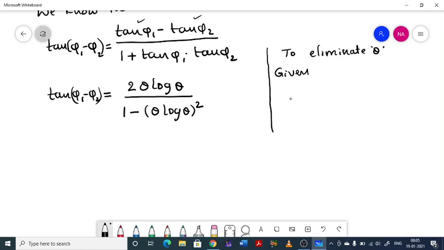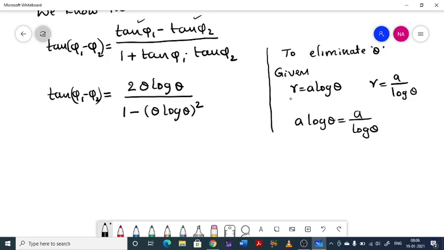So given r equal to a log theta and r equal to a by log theta, the left hand sides are the same, so you can equate them. You will get a log theta equal to a by log theta. A gets cancelled, so log theta whole square equals 1, that is log theta is 1. So log theta is 1 means theta must be e, exponential.